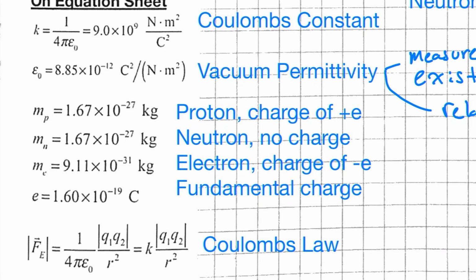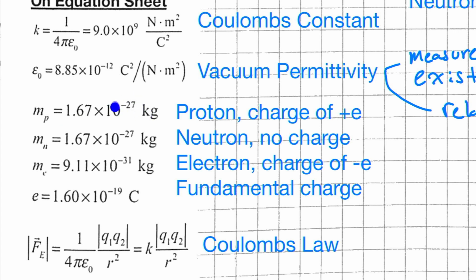Also on the equation sheet, you've got the mass of a proton. Notice it's 10 to the negative 27th kilograms, not very massive. A proton has a charge of plus e. A neutron has the same mass as a proton, but it has no charge. An electron has much smaller mass than a proton.